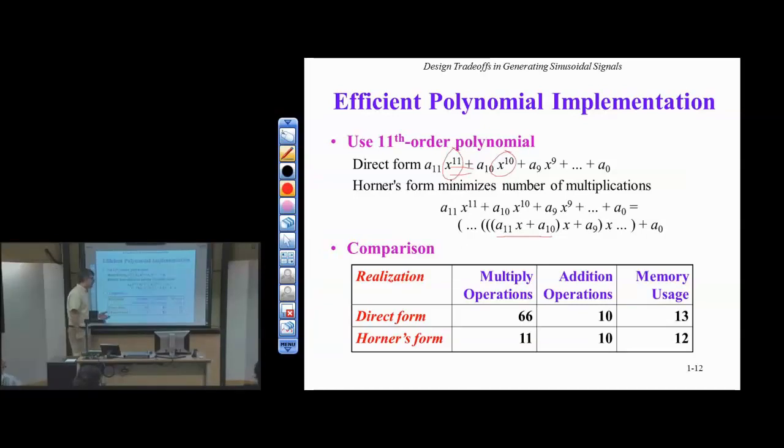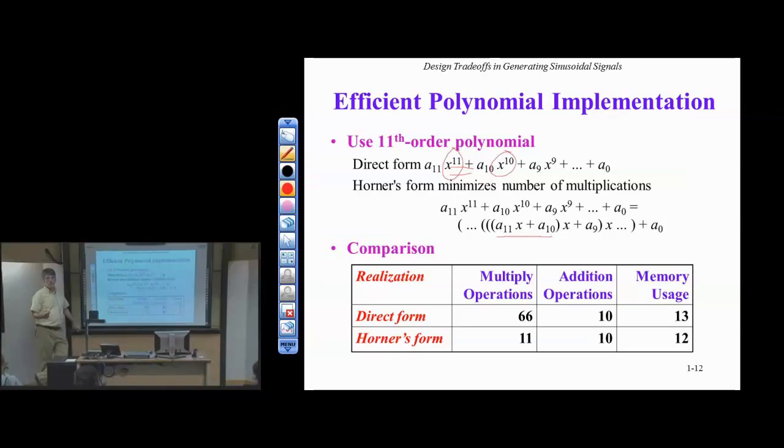There is another advantage, which is the intermediate calculations do not have as wide a dynamic range of possible amplitude values doing it in Horner's form versus this one. So there is a benefit with numerical accuracy in Horner's form, as well as a benefit in implementation complexity.